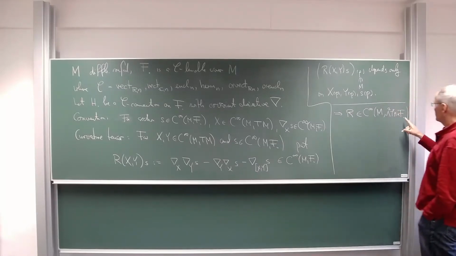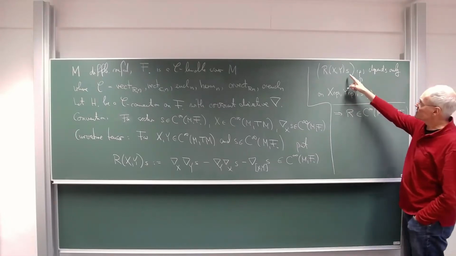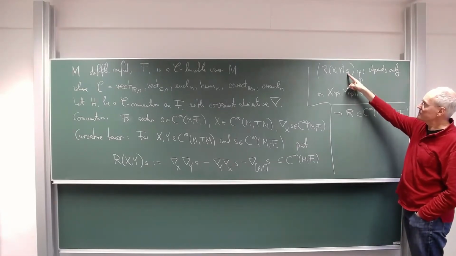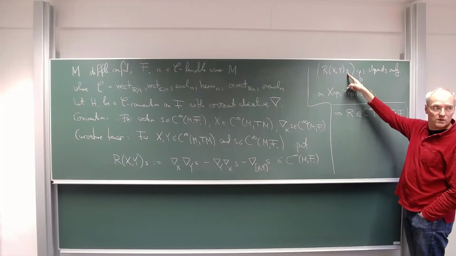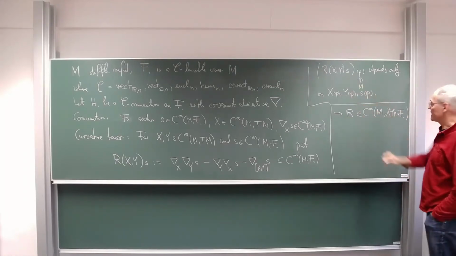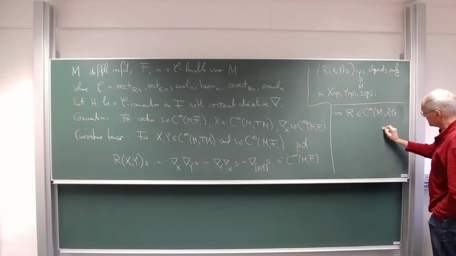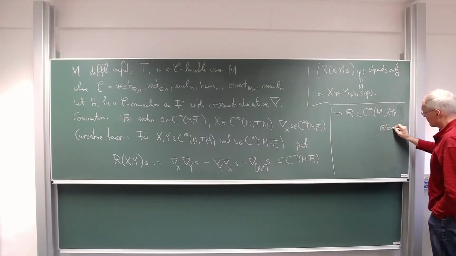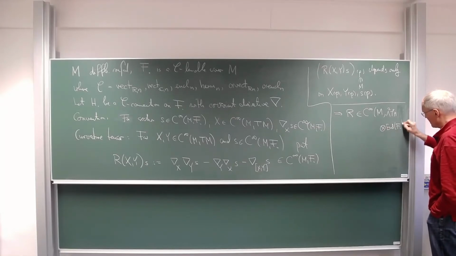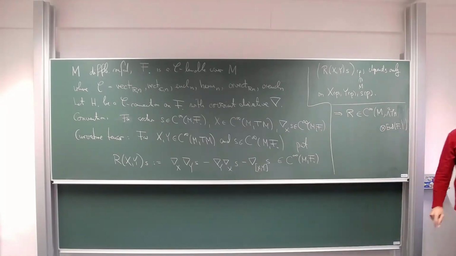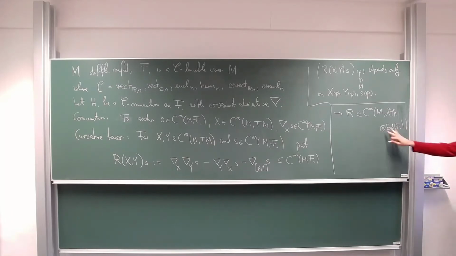Tensor F, well, this is when I insert a fixed S, but if I let S open also, then of course I get an endomorphism from F to F. So unfortunately there's a little too little space here, so this is tensor endomorphisms of F. So endomorphisms is a smooth functor, so we can apply this to the bundle and get another vector bundle.